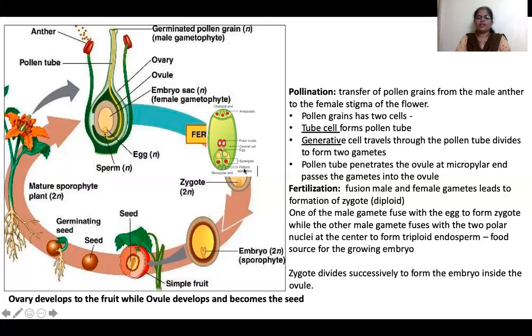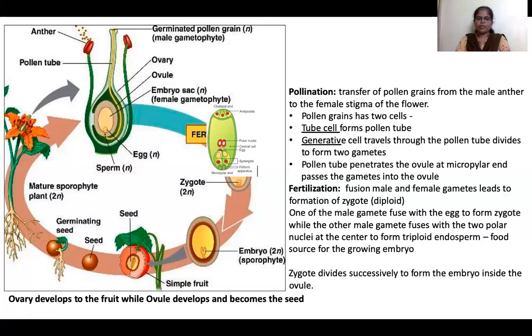The other male gamete, the second male gamete in the pollen tube, fuses with the central polar nuclei. These 2 cells and the third male gamete fuse together, forming a triple fusion, triple fertilization, and it becomes the endosperm. Here the male and female gametes fuse to form the zygote, whereas in the center of the ovary there are 2 cells called polar nuclei, and the male gamete fuses with them to form the endosperm.